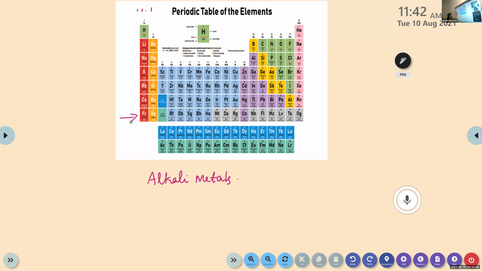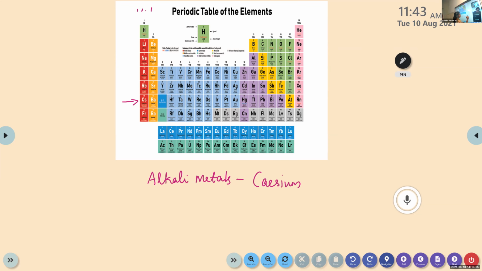But we are considering this one, cesium. According to the trend, reactivity increases on moving down the group, and according to that rule, francium is the last one. But it is not much reactive. It's an exceptional case, so we are taking cesium. It has the most reactivity in the first group.